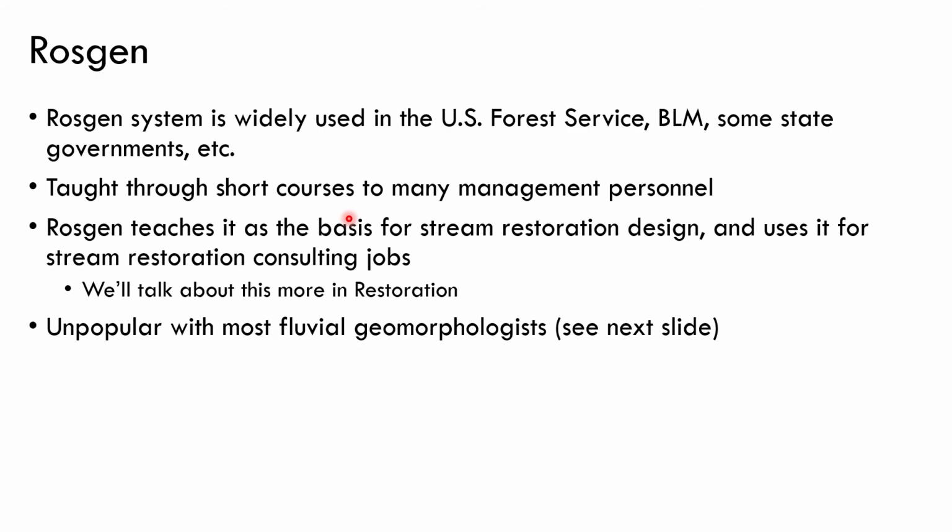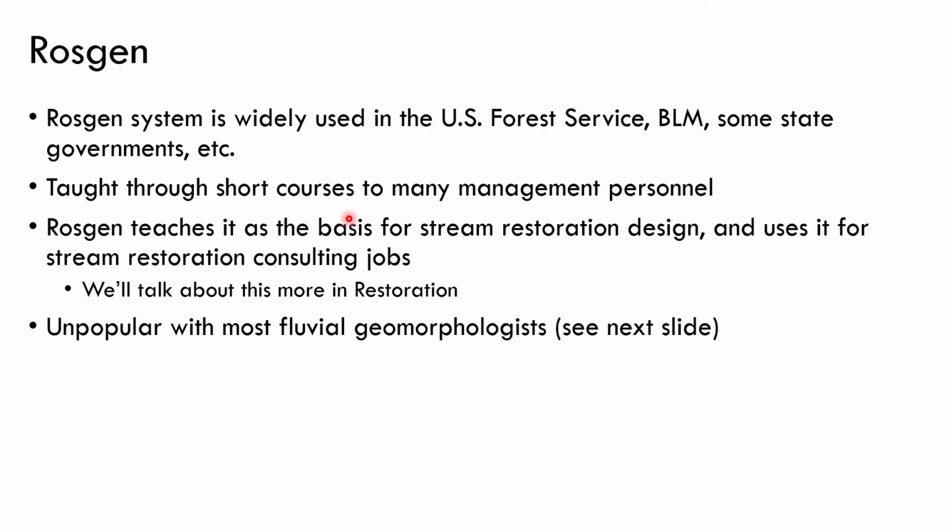The way this system has been promoted is that the originator, Dave Rosgen, teaches short courses to people out in the field. He has actually quit the U.S. Forest Service and has a consulting company where basically all he does is promote and teach his classification system.